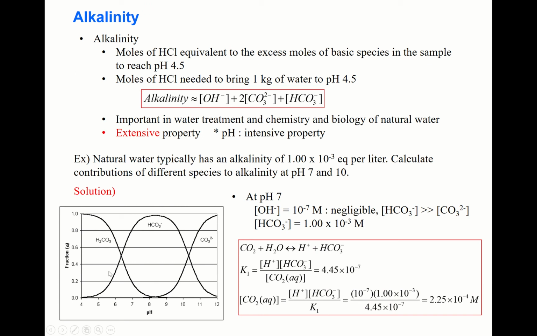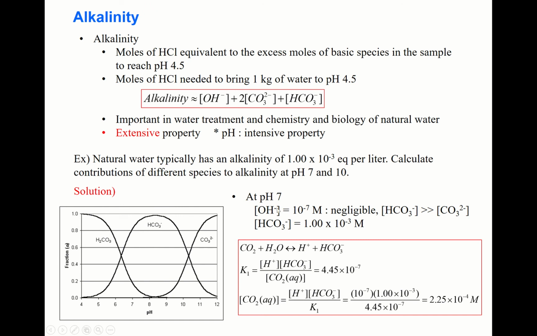This is the fraction of CO2 when it is dissolved in water. When it is dissolved in water, it exists as three different forms: carbonic acid, which is equivalent to CO2, and bicarbonate and carbonate.